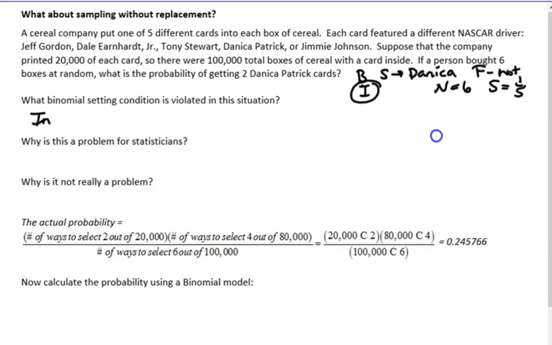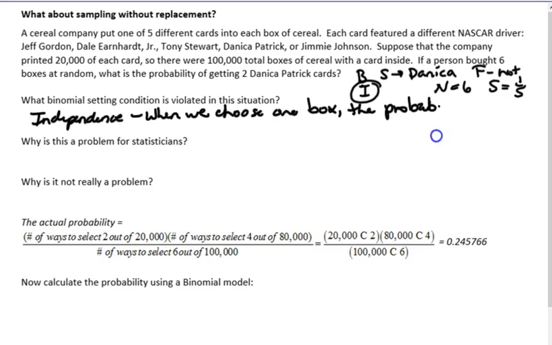The independence, okay, when we choose one box, the probability changes for the next. So we start out with 20,000 Danica cards out of 100,000, but then we draw a card.